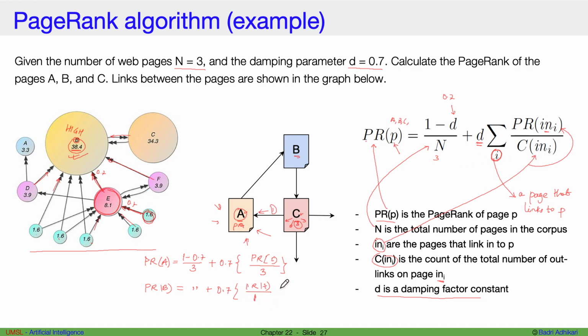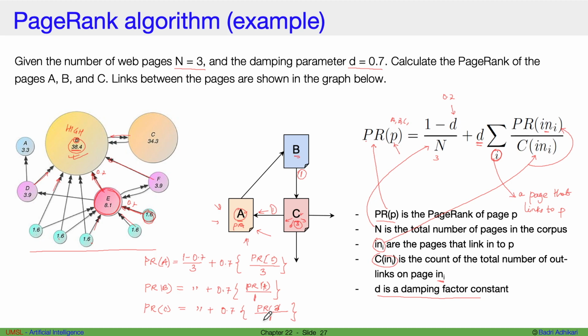Similarly, the page rank of C will be equal to the same constant plus my damping factor 0.7. Now I will look at all the pages that link to C. There's only one page that links to C, which is page B. So this becomes the page rank of page B divided by the number of outlinks of B, which is also 1.